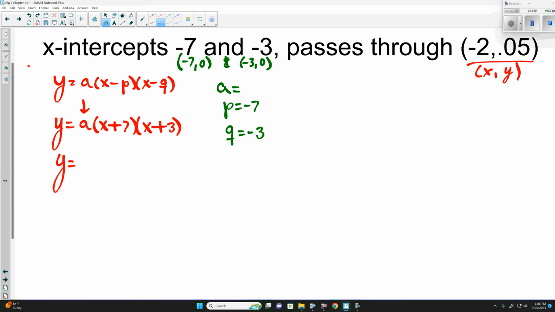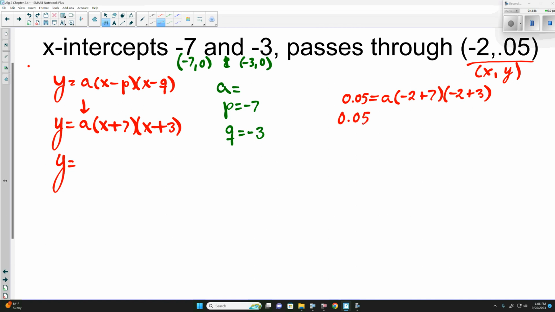So in this case, it's saying when I plug -2 in for x, I should get a y value of 0.05. So whatever a is, when it's multiplied by our -2 plus 7 and by our -2 plus 3, we should get 0.05.